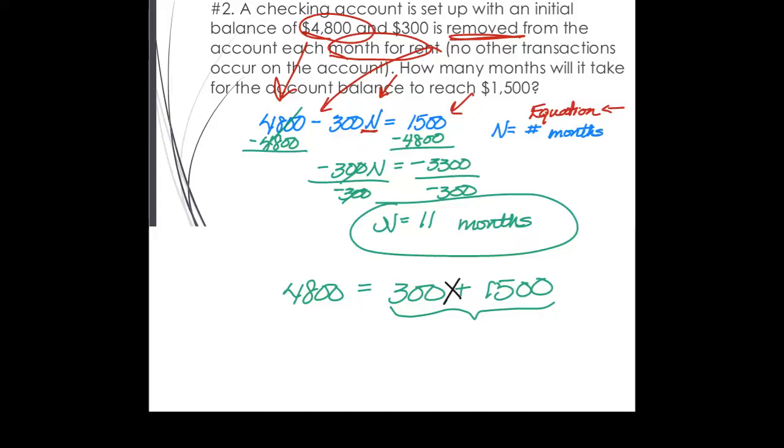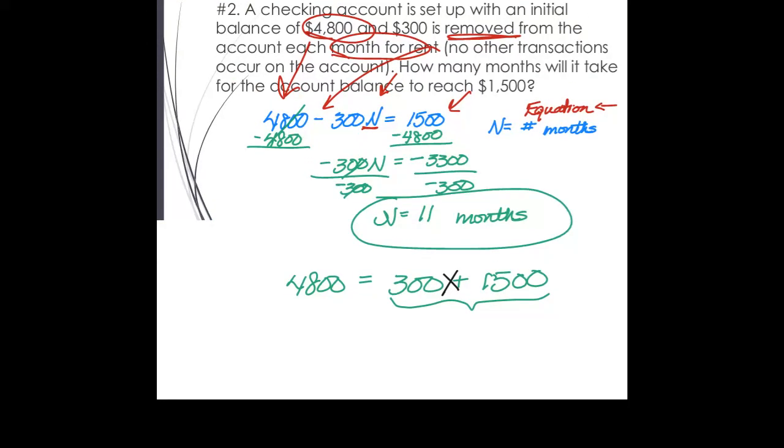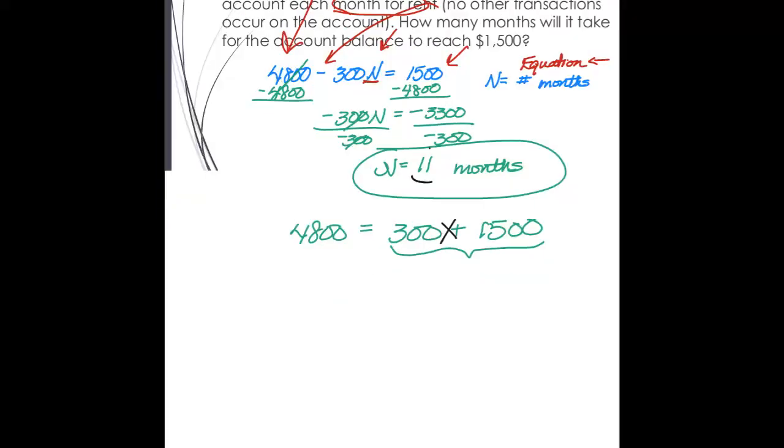You should substitute to double check. I should substitute to double check? Yeah. How would I do that? Substitute 11 for n. And we would get 4,800 minus 300 times 11 equals 1,500.